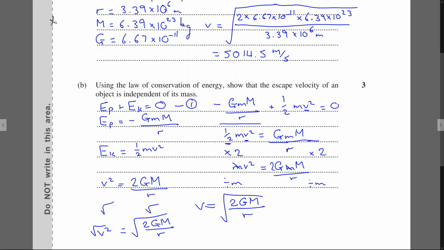Cool. So we have now shown that the escape velocity of an object is independent of its own mass. It's only dependent on the mass of the planet that it's trying to escape and the radius of that planet.